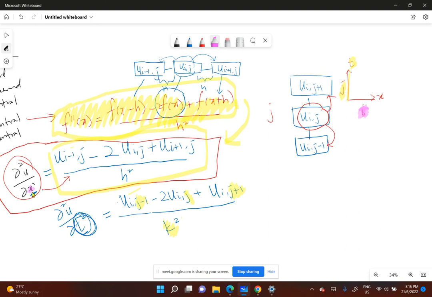So, apa yang berubah nampak? I minus 1, minus 2 UI, plus UI plus 1. Sekarang boleh faham tak? Now understand or not? Adib, boleh? Boleh. Okay. So, dah boleh. Kita continue.